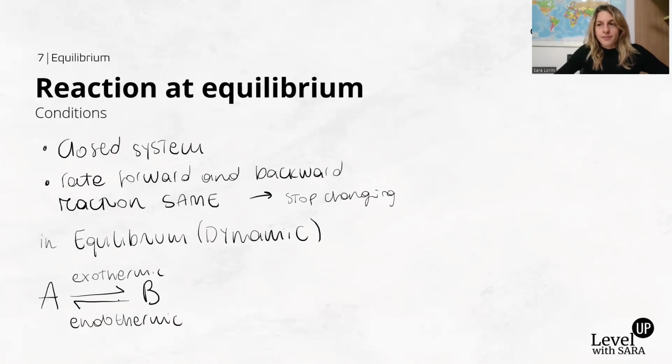So if forward is endothermic, backward is exothermic. So it's very important to understand that. And normally you're given, if you remember, the value of the enthalpy, delta H, for example negative, and this refers to the forward reaction.